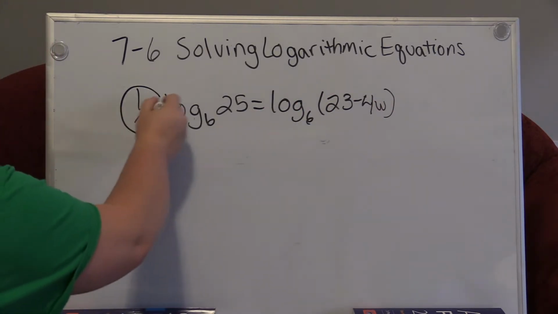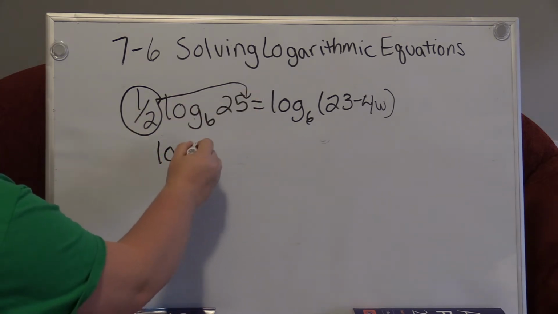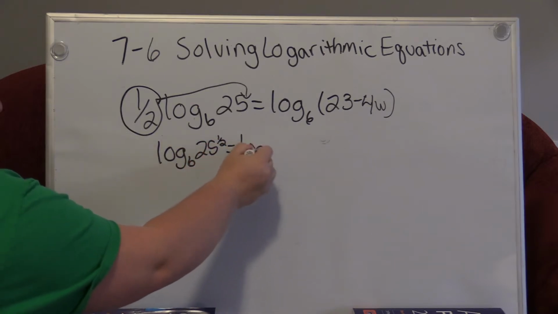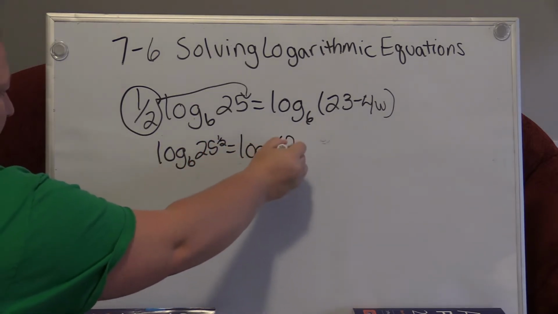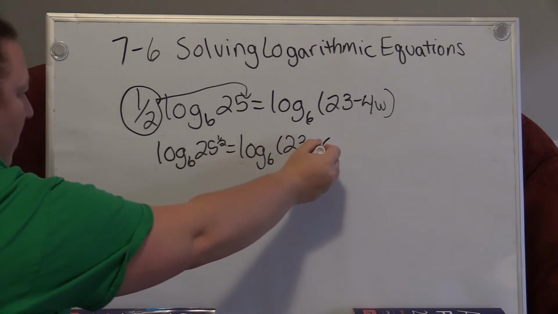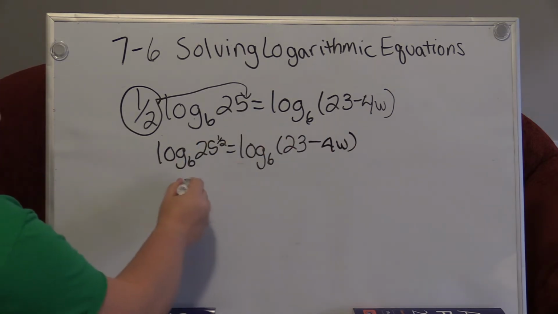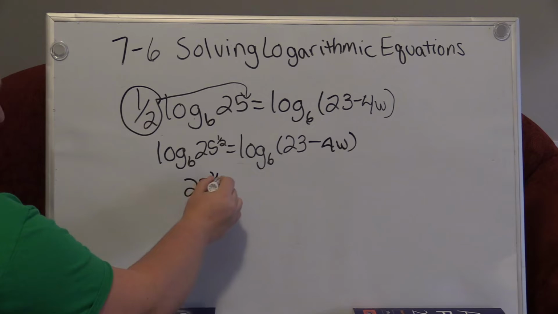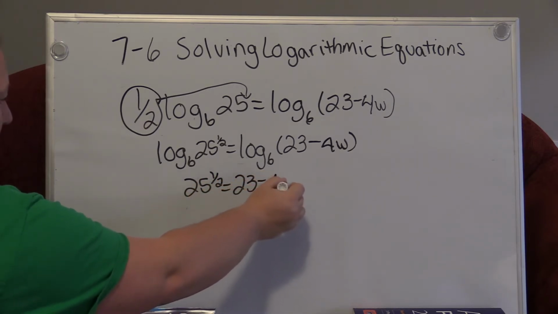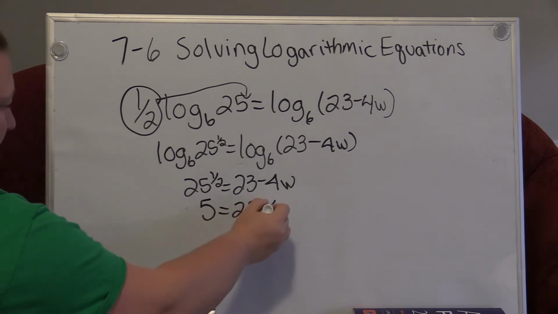So this comes up, and I get the log base 6 of 25 to the 1/2 equals log base 6 of 23 minus 4w. So I have 25 to the 1/2 power equals 23 minus 4w. 5 equals 23 minus 4w.